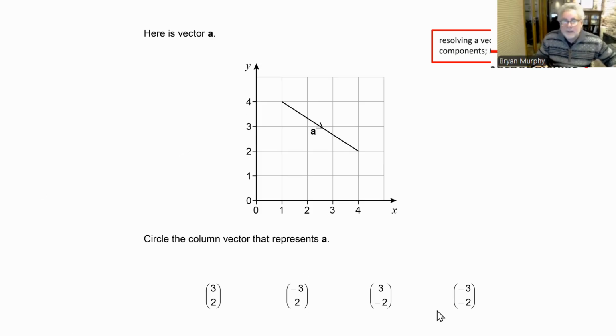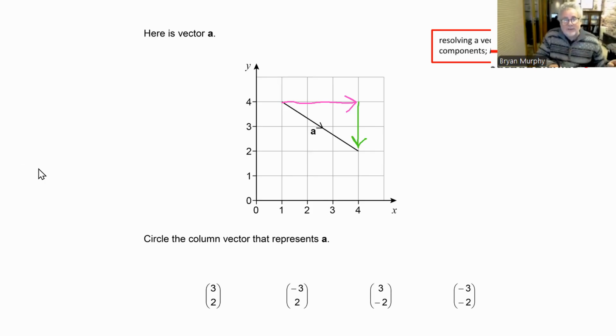Where's my pen gone? We are turning it into a horizontal bit and a vertical bit. What we did at GCSE maths is we resolved our forces.